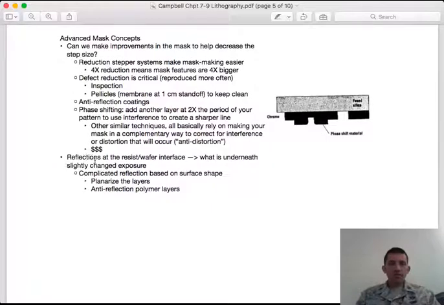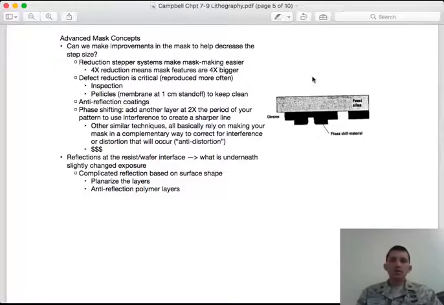In addition, I mentioned the reflections at the interface between the photoresist and the atmosphere, or the photoresist and silicon, as creating more interference. This can be made even more troublesome if my surface has peaks and valleys, right? Because as the light is coming in, I didn't grab the figure, but I guess I should have.